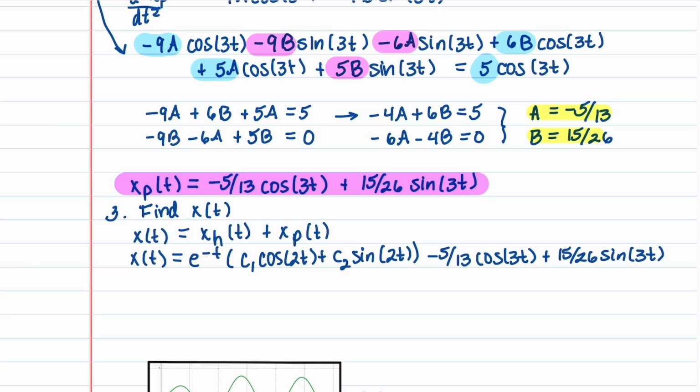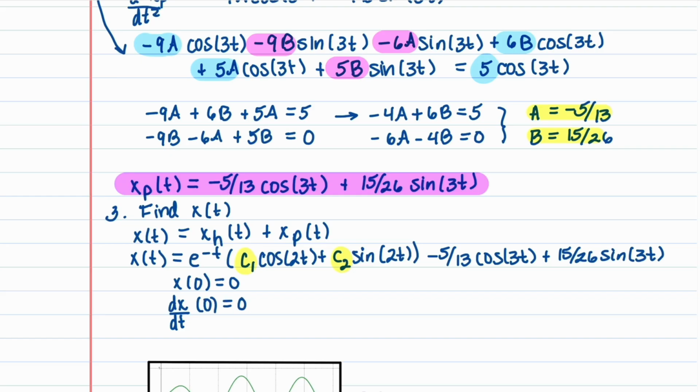Now all we have to do is find C1 and C2. You always have to wait until you get your particular solution to find these constants. We can find these constants by using our initial conditions, and those conditions were x at 0 is equal to 0 and dx dt at 0 is equal to 0.